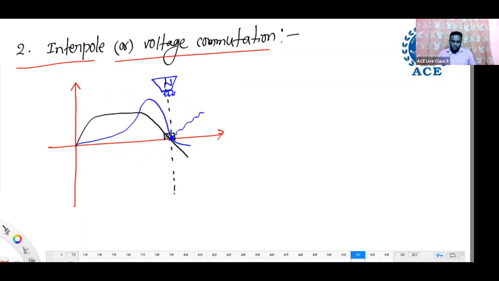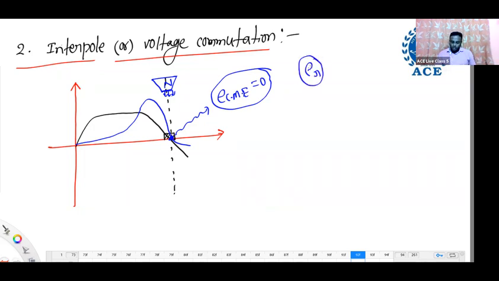Whenever this flux is zero, what is the EMF due to cross magnetizing effect? Zero. Now there is no EMF due to cross magnetizing effect. Now there is another voltage in the coil. What is that? Reactance voltage. Now how do we compensate that?